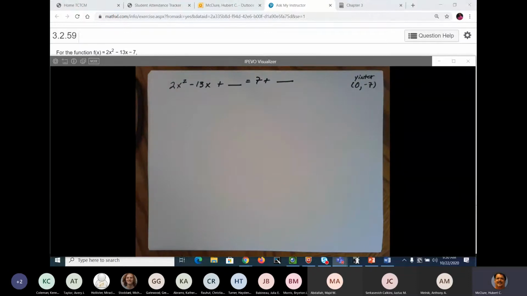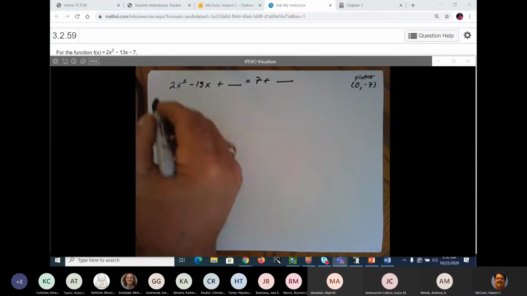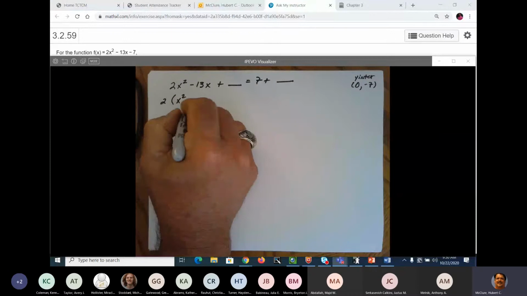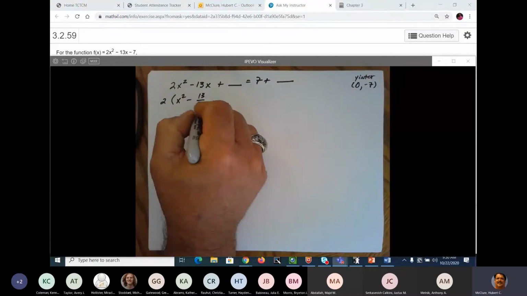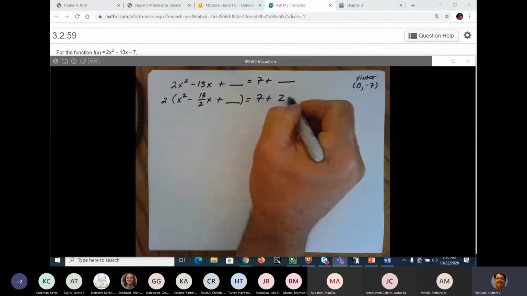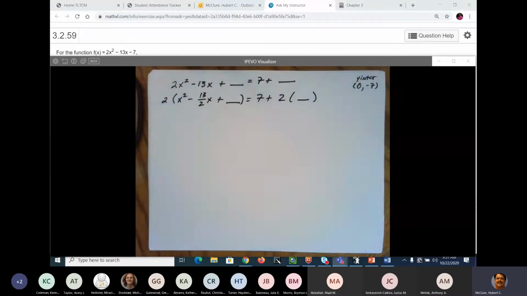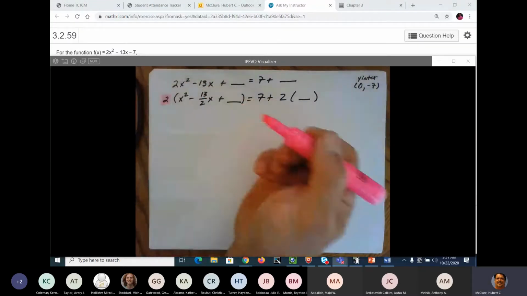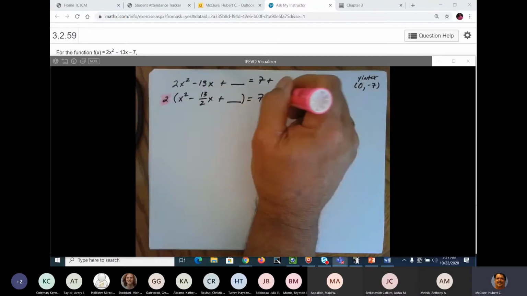Now we're going to factor out a 2. That gives me x squared minus 13/2 x plus blank is equal to 7 plus 2 times blank. And yes, I'm going to take my pink highlighter and highlight that 2. Whatever I factor out here, I've got to multiply by that blank.